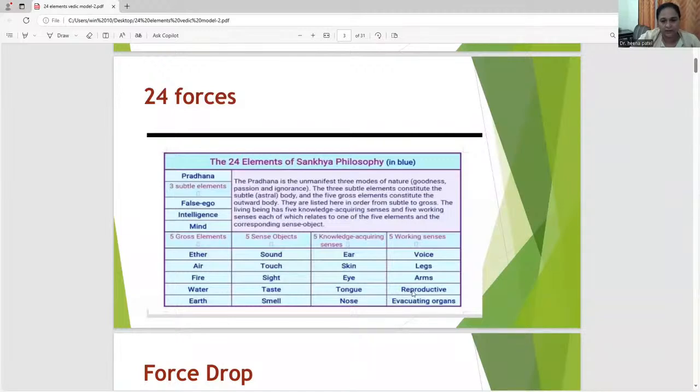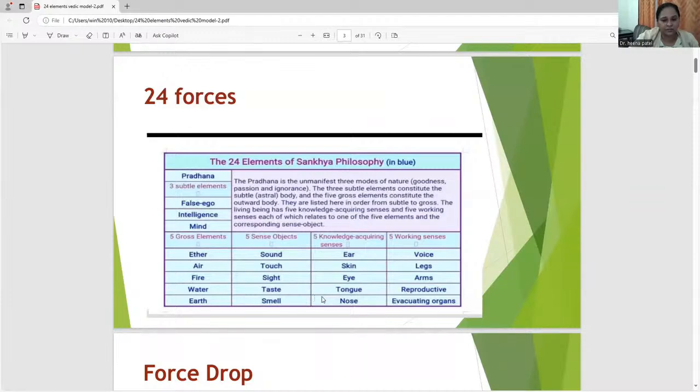And nowadays we find that we are having a lot of reproductive issues. We have less force in this, and there are a lot of IVF centers. Earth element: the earth element has the sense object of smell. When there are rainy days and the first rains come, a beautiful smell comes out of it. It's basically the nature of the earth element.